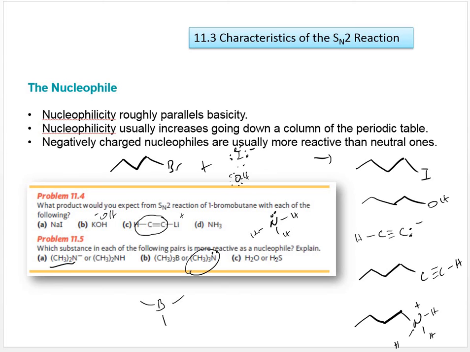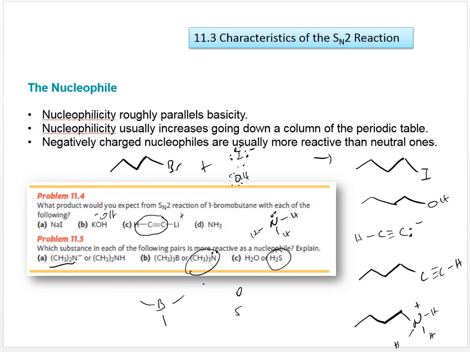Water versus hydrogen sulfide. We remember, right, the same group, 6A, oxygen and sulfur. Sulfur has larger atomic radius. For that reason, electrons on the last shell are loosely held. So it's more basic, or let's not say basic, but it's more nucleophilic.